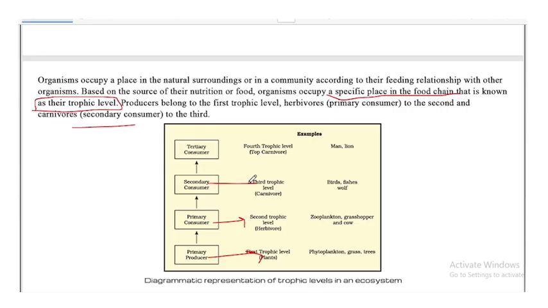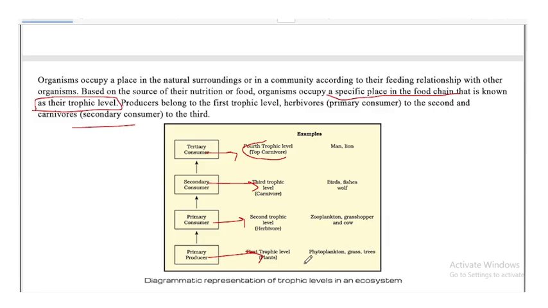Secondary consumers, that is the carnivores, occupy the third trophic level, and the tertiary consumers, that is the top predator or top carnivore, or we can say the secondary carnivores, occupy the fourth trophic level, and it goes on.